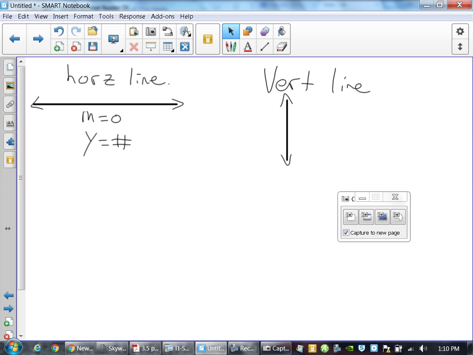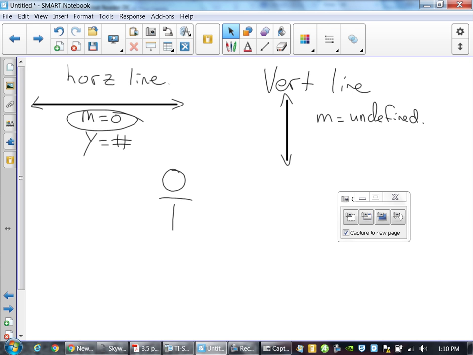They all have an undefined slope. The reason that it's an undefined slope is that if a horizontal line has a slope of 0, that's the exact same thing as 0 over 1, because I can divide it by 1 and it doesn't change it.